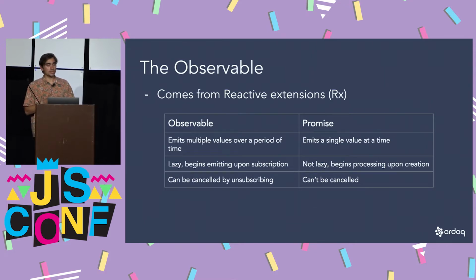So whereas a promise emits a single value at a time, observables emit multiple values over a period of time. A promise is not lazy. It begins processing upon creation. So if you create a promise which fetches data, it starts fetching immediately, whereas an observable is lazy. So you can declare an observable that should fetch data from an API, but it won't actually start fetching until you subscribe to it, until something subscribes to it.